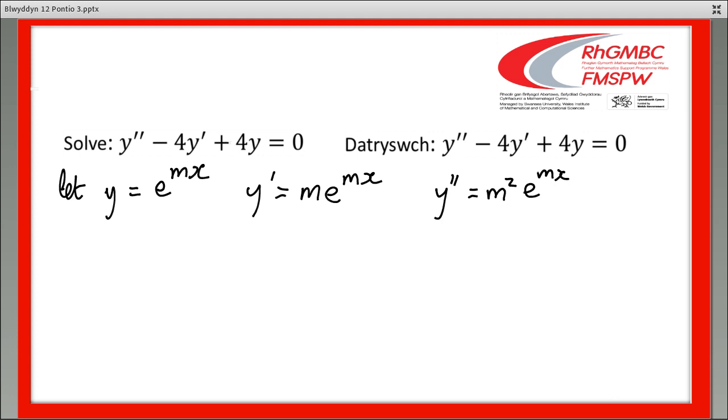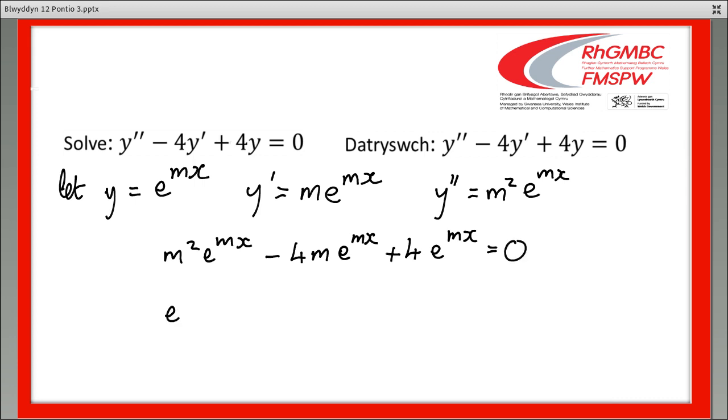Substituting that back into the original equation, m squared e to the mx minus 4m e to the mx plus 4 e to the mx equals 0.